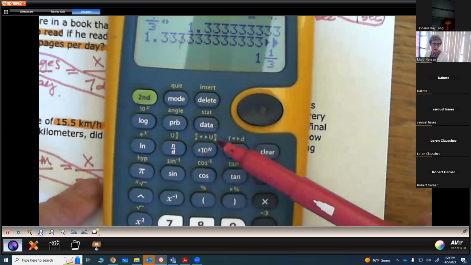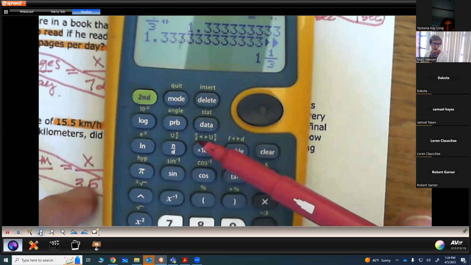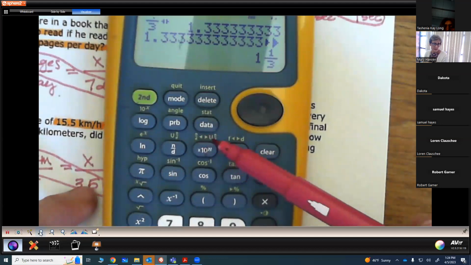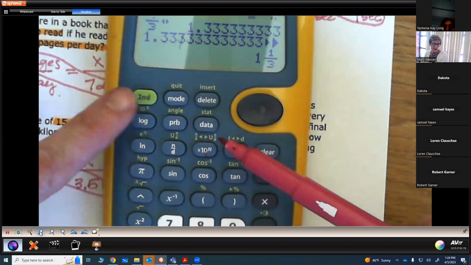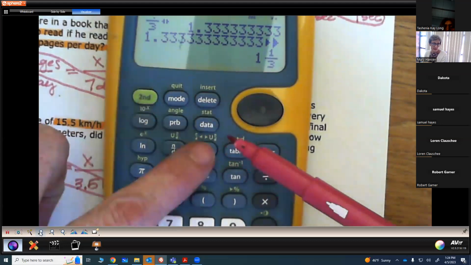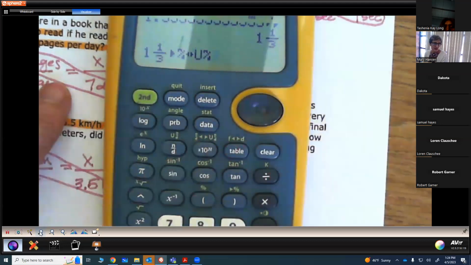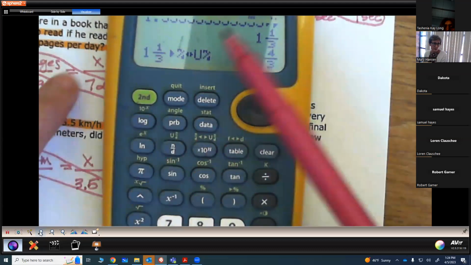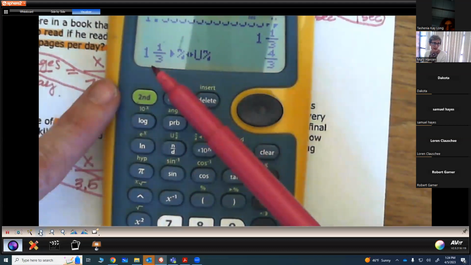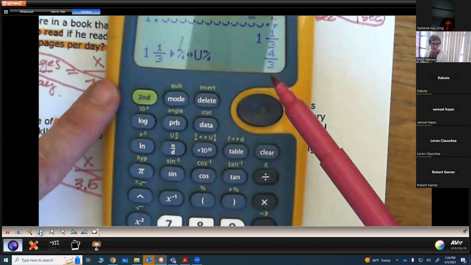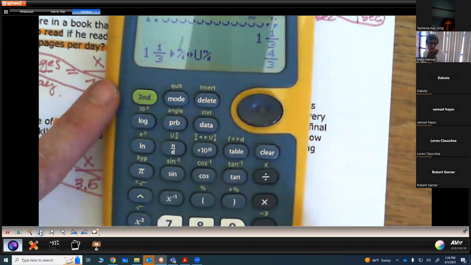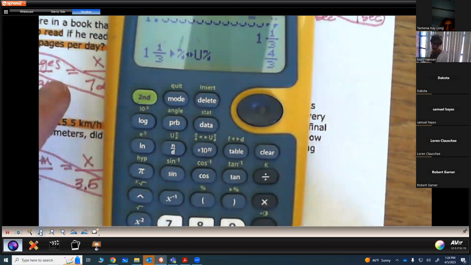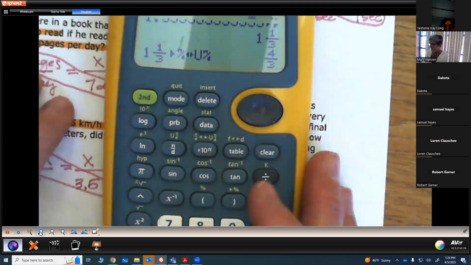So that will take you back and forth between a fraction and a mixed number. And since it's in green, I push the second key first and then this key and then enter. And it'll go back and forth between the mixed number and the fraction. Oh, okay, I see. So again, this calculator is a pretty useful tool.